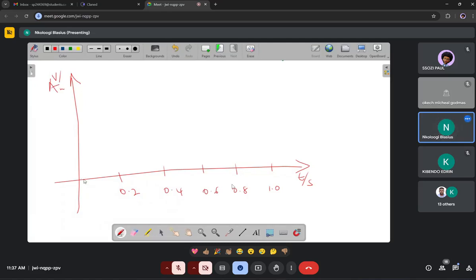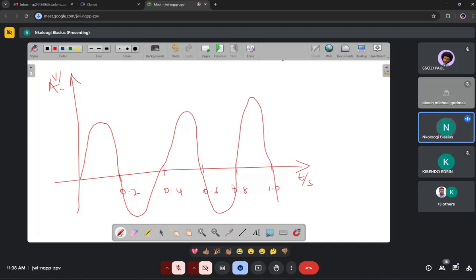If I draw a signal here, I'm not a fine artist, I draw this like this. Of course, this one has to complete the cycle. Now, there are very many concepts that you need to understand here.